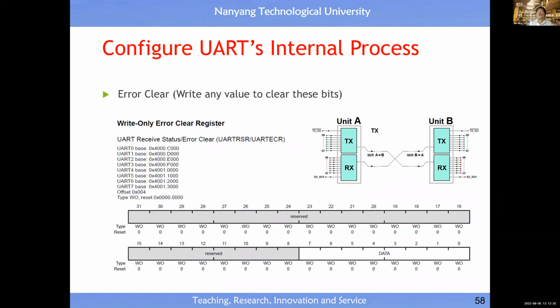It's like your stomach telling your brain that you are hungry, then your brain goes to a restaurant to take lunch. And if your brain forgets to clear this signal from your stomach, then once you exit the restaurant, suddenly you will enter the restaurant again because your brain discovers the hunger signal is still there.